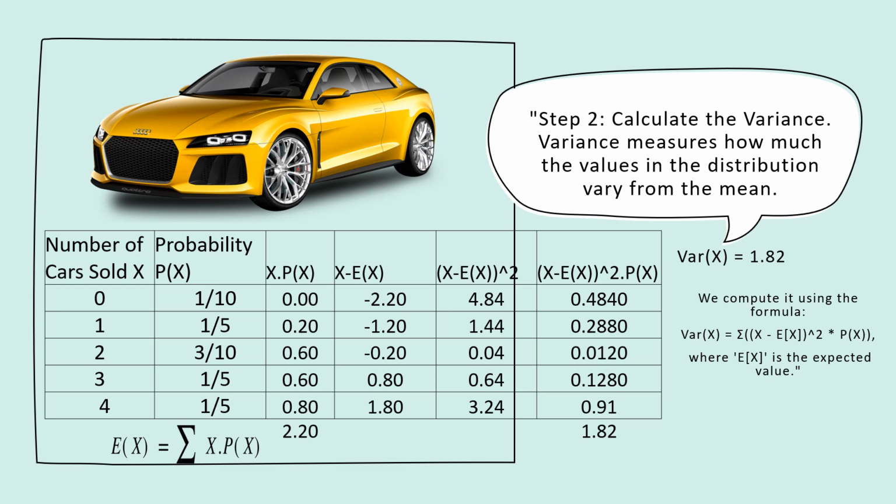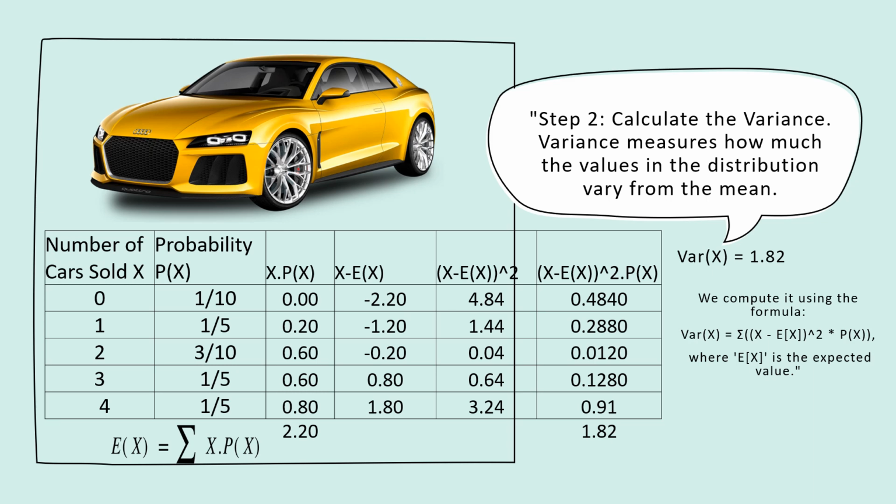In this example, we compute it using the formula: variance of x is equal to the summation of the difference between the number of cars and its expected value, squared, multiplied by its probability, where E of x is the expected value.